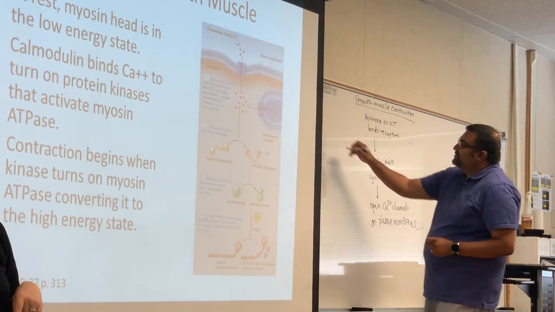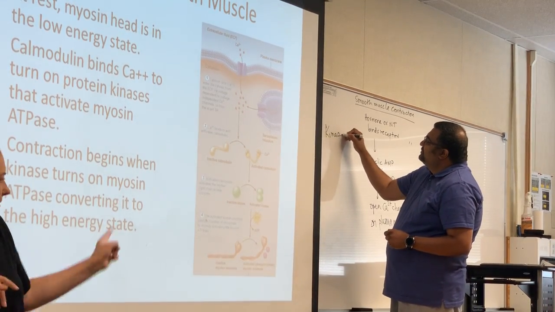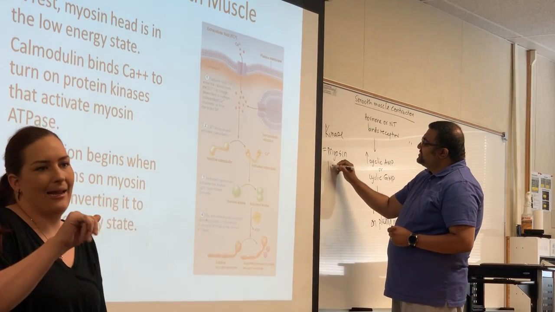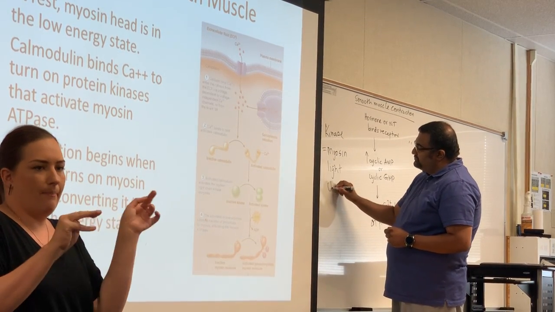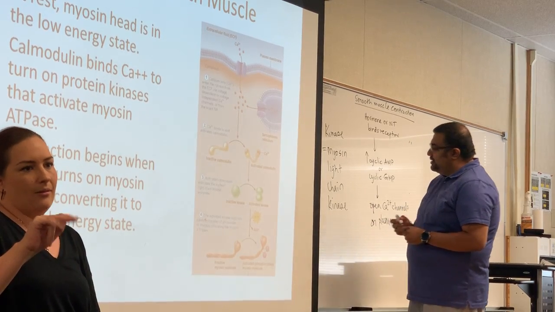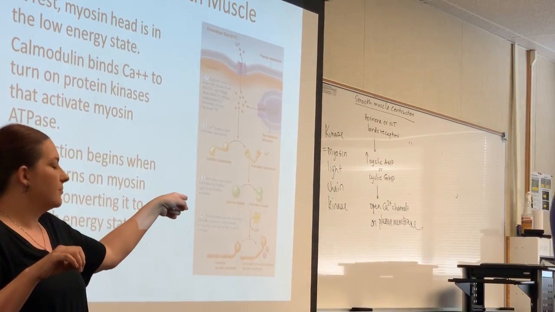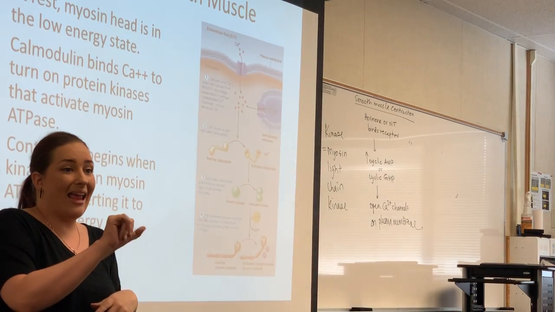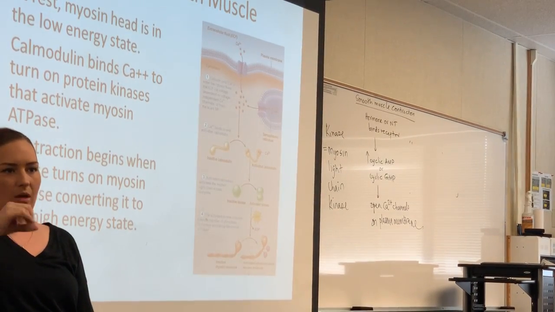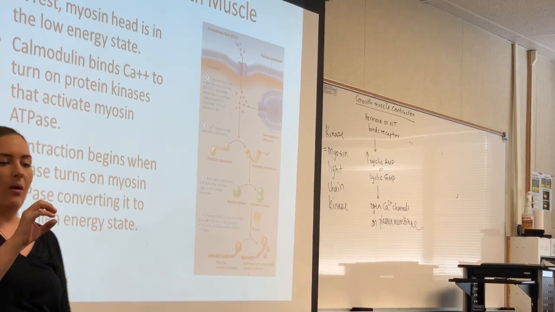So the kinase here is myosin light chain. So all kinases add a phosphate group, that's their job. They will add a phosphate to their target. So myosin light chain kinase will add a phosphate to the myosin head and then cock it.